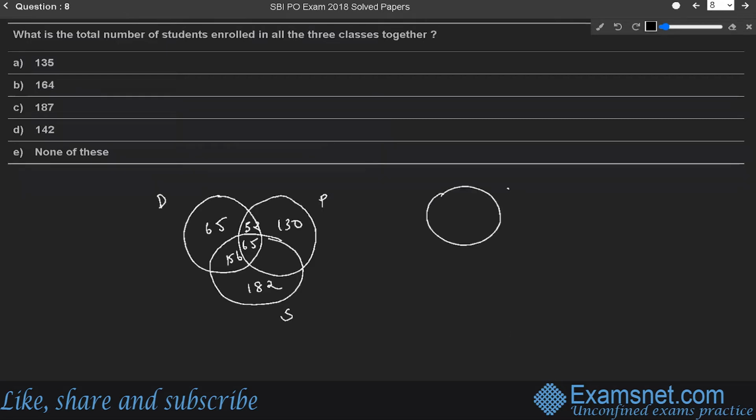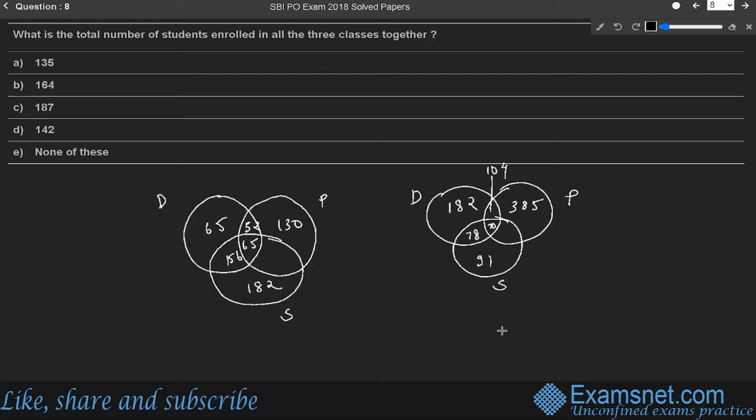For boys, the Venn diagram consisted of D, S and P, which is dancing, singing and painting. 182, 78, 91, 70, 100 and this is 104. This is 385.